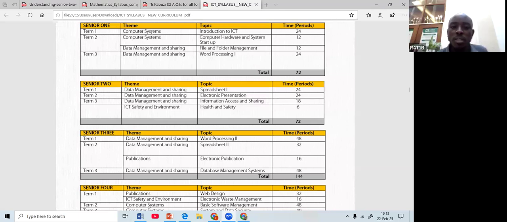Thank you, sir. When it comes to database, we also teach it at senior 3, which is year 9. We look at the core objects, the core 4. How do they deal with tables? How do they deal with queries? How do they deal with forms and reports?